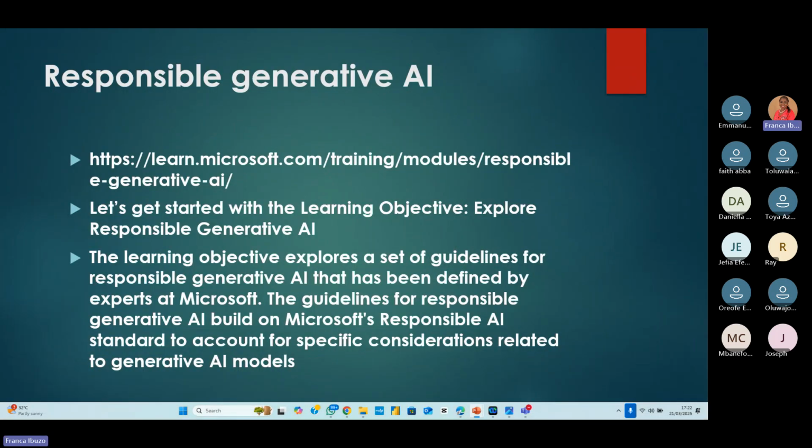Okay, responsible generative AI. The learning objective explores a set of guidelines for responsible generative AI that has been defined by experts at Microsoft. The guidelines build on Microsoft's responsible AI standard to account for specific considerations related to generative AI.